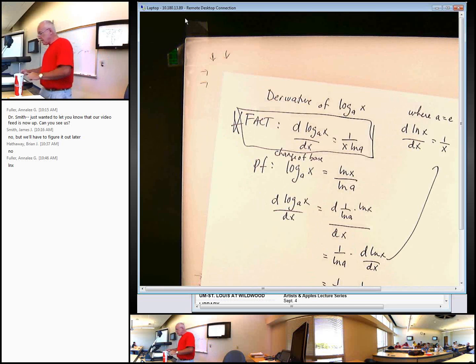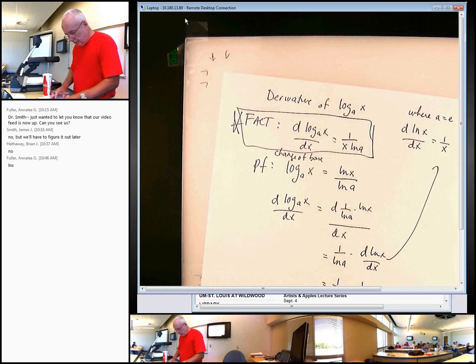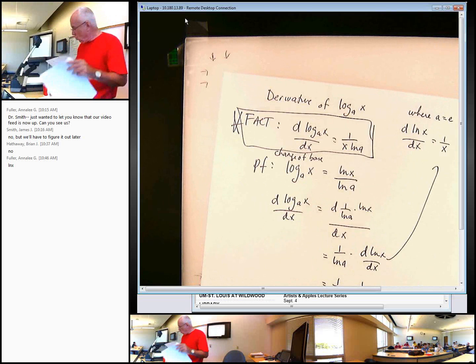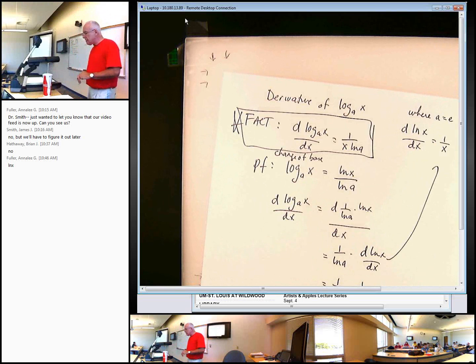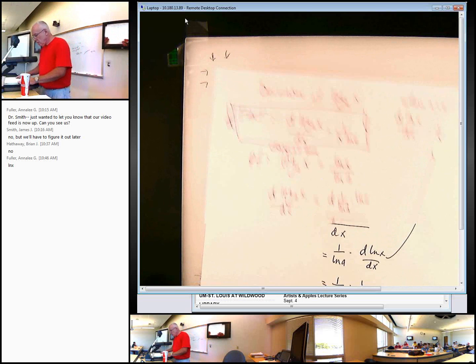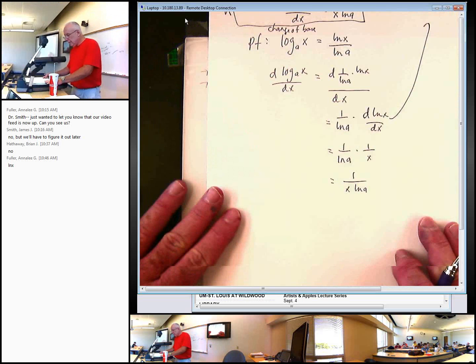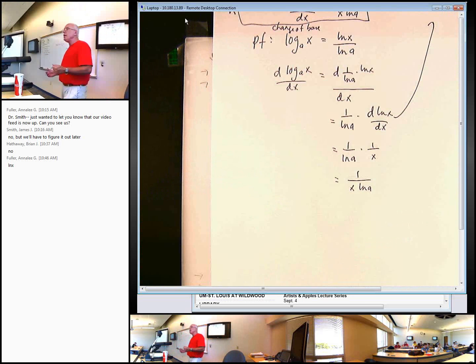All right, so this formula up here, whoops, that's something we need to remember. The final thing I'm going to do is one example of this last formula. And again, it's going to be using the chain rule.